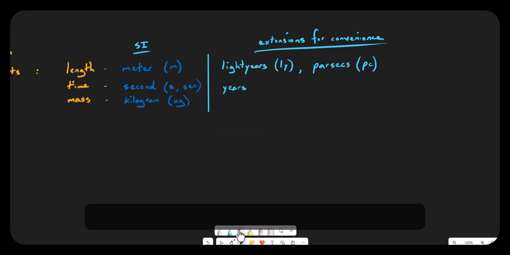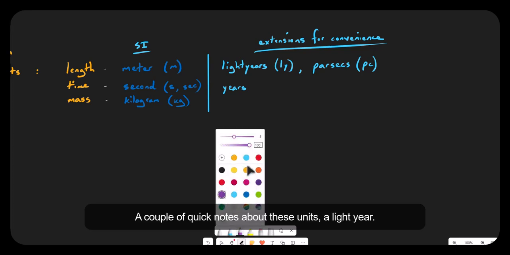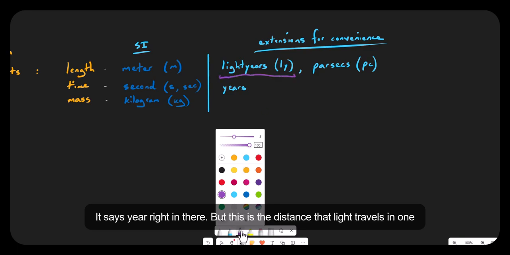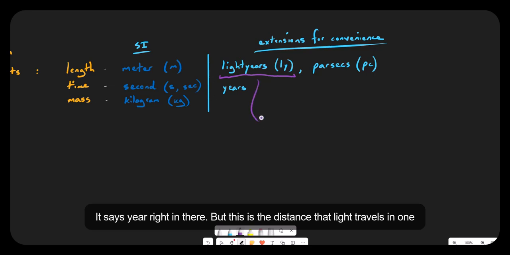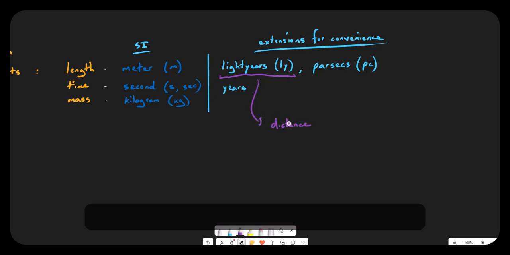A couple of quick notes about these units. A light year. It says year right in there, but this is the distance that light travels in 1 year. Now light moves really fast. It moves 300 million meters per second.